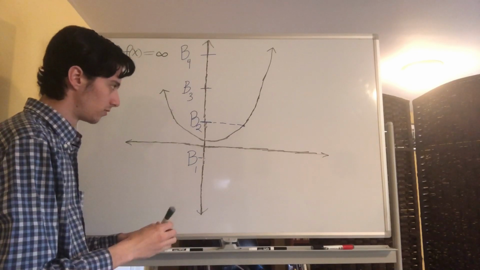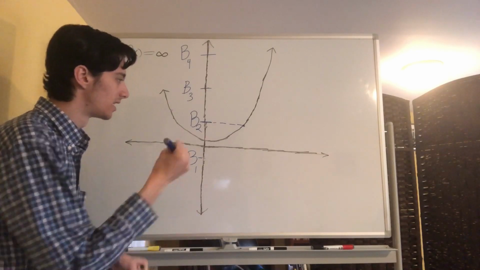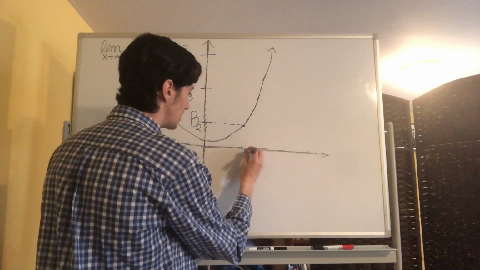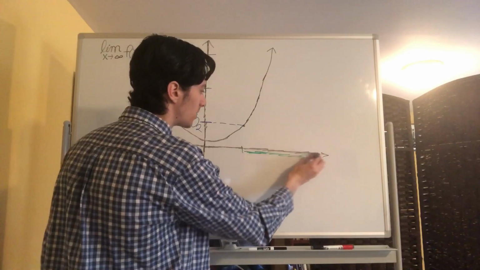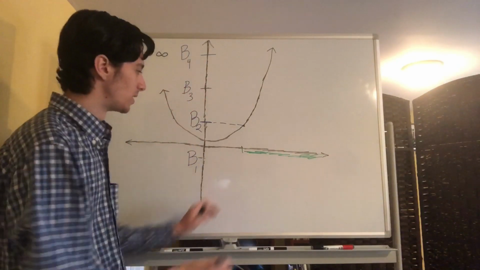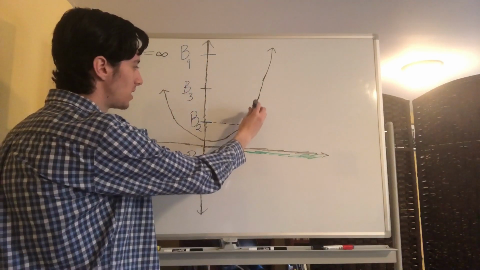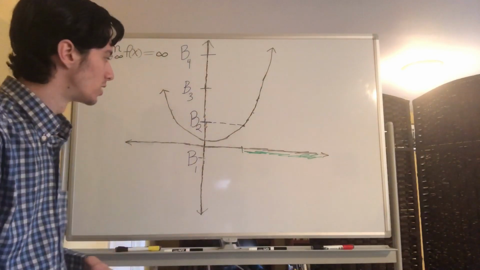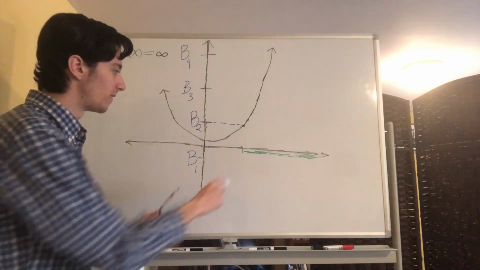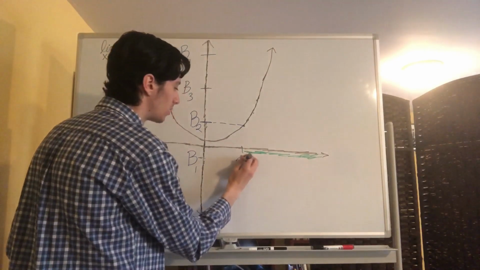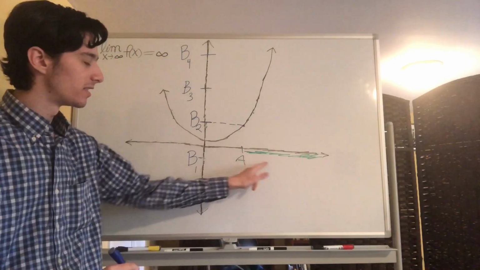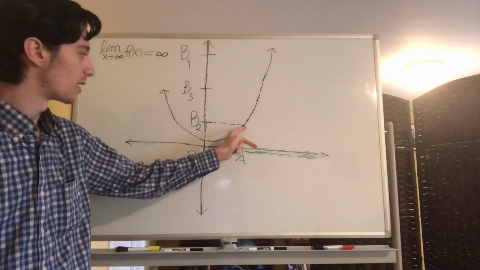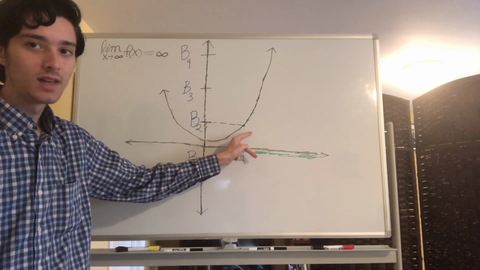So as long as x is in this range, then we see that f of x will be up here, or here, or here, and so on. So there was a b, we found an a, and then when x was greater than this a, after this cutoff point, f of x was greater than this b.